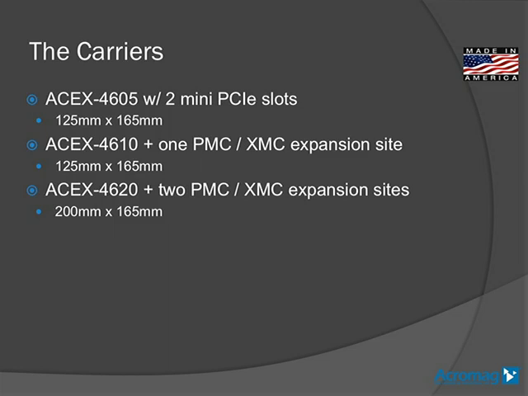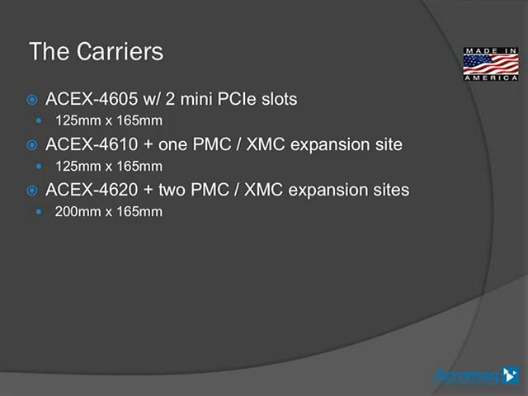All 3 versions of this board, we have the 4605 as a single size carrier, which is essentially eliminating the small connector area here. It does have 2 mini PCIe slots on it, so there is expansion even on the base smallest version of the board.